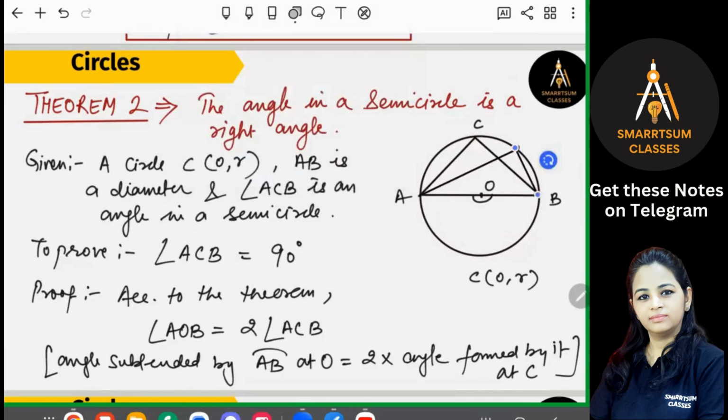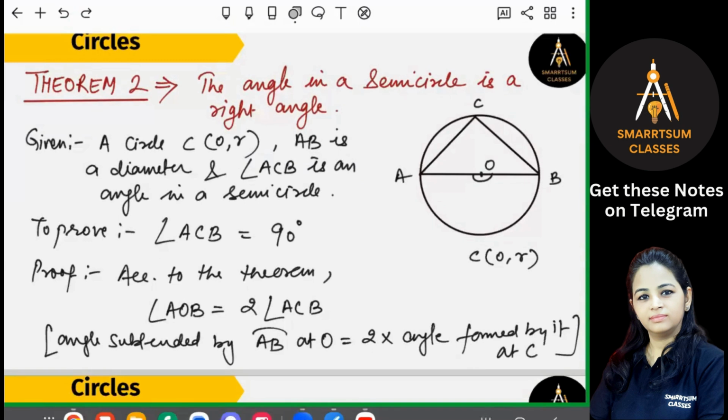So this will also be 90 degrees. So in this way, if you take any point anywhere in the semicircle region, that angle subtended by the diameter within that semicircular portion is always a right angle. It is always a 90-degree angle, right? So this is theorem number 2 which we have done, and it is very, very simple and generally used in the questions. So you should know this theorem, right?